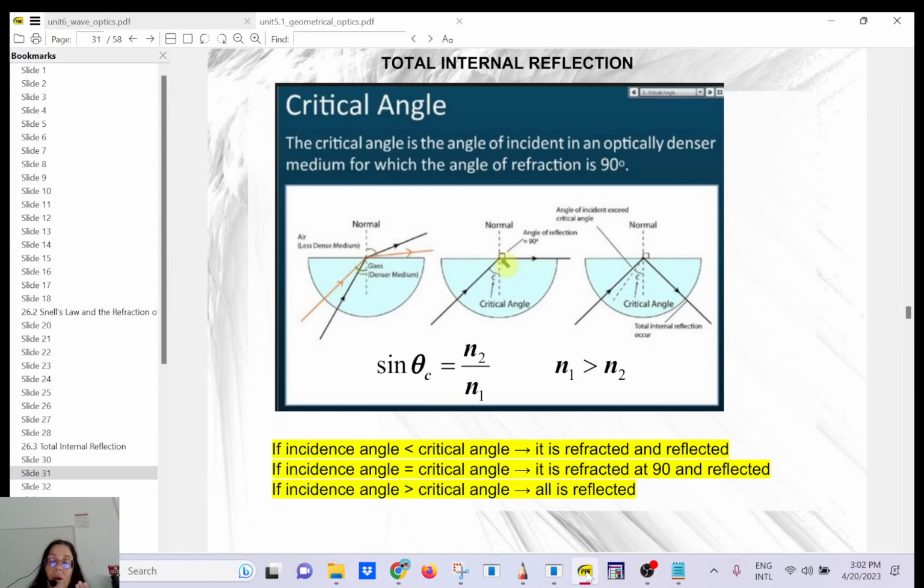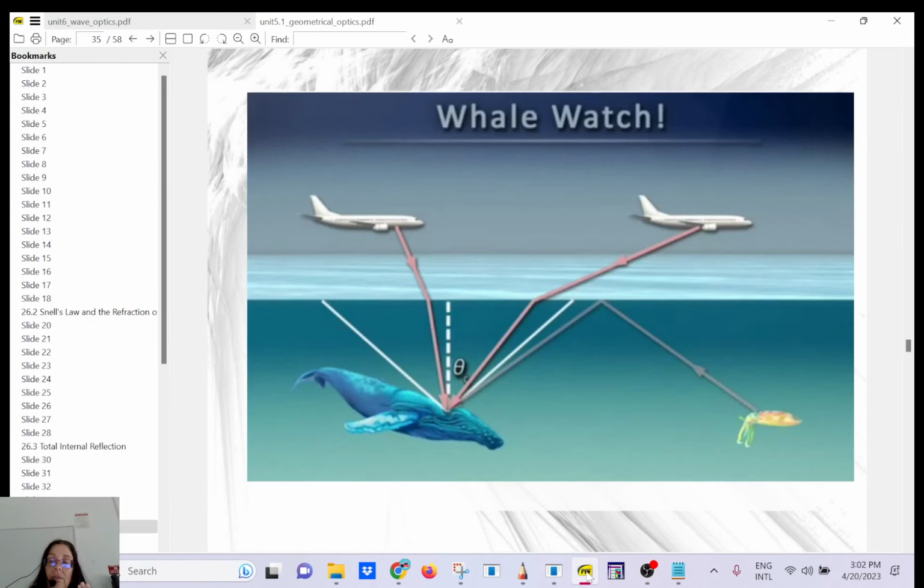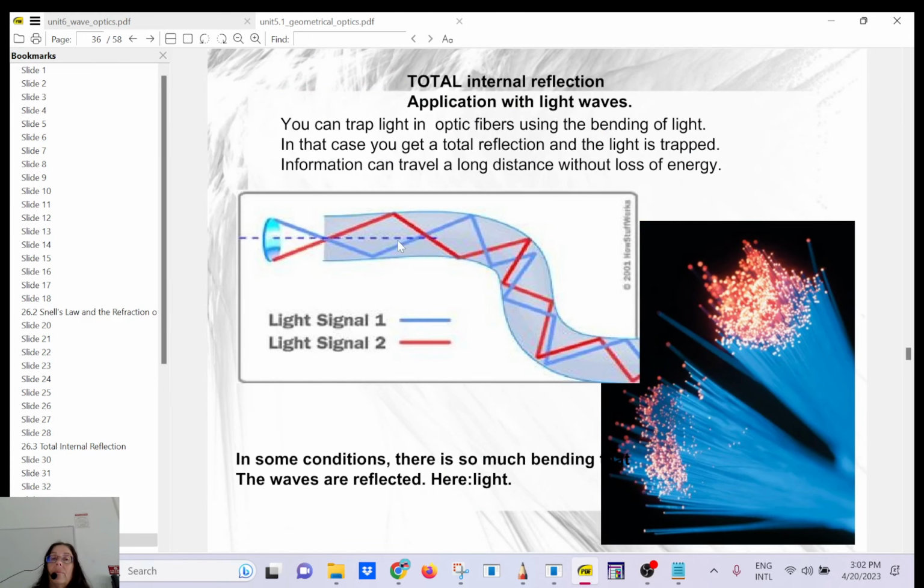So to go back to the total reflection, we talked about that last time, but for example, in fiber optics, you see how you are trapping the light inside the fibers. Those fibers here are made of glass, and when you have a laser, it cannot escape. It's going to be trapped inside. So this is called total reflection.